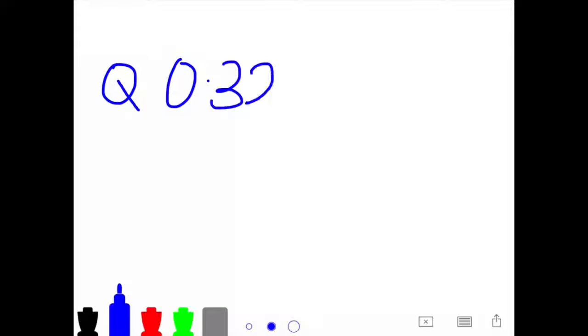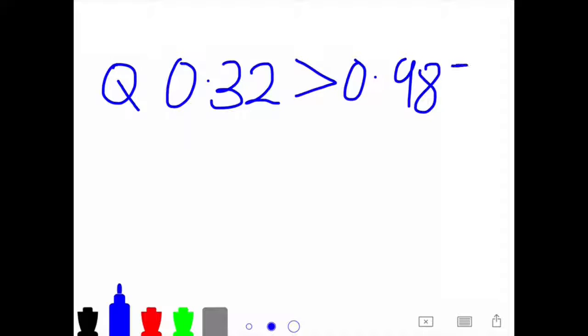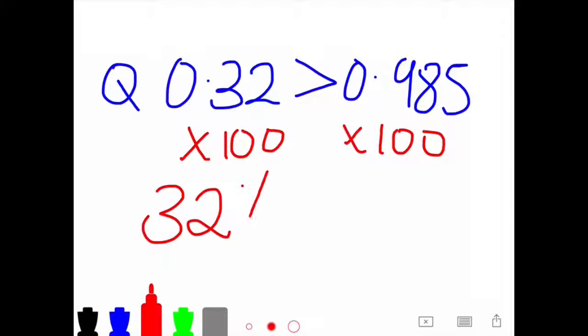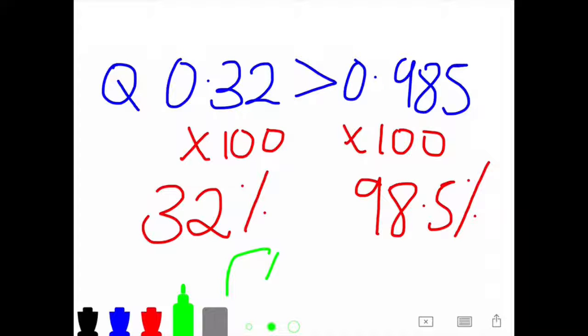So 0.32 bigger than 0.8985. How you would figure that out is to apply your rule of turning it into a percentage by timesing it by 100, and you'll see if it's true. In this case 98% is bigger than 32%, so it's definitely false.